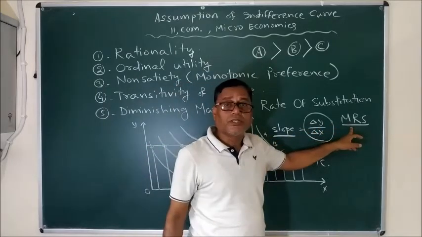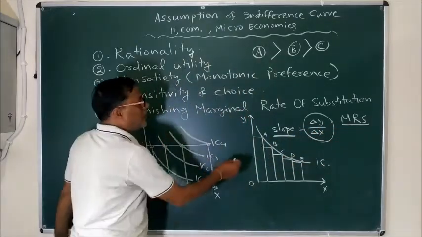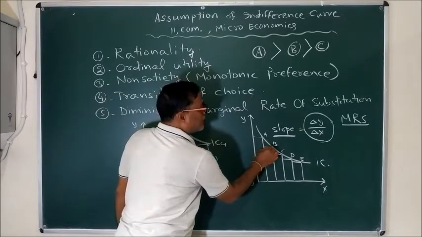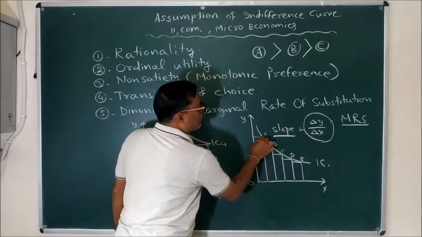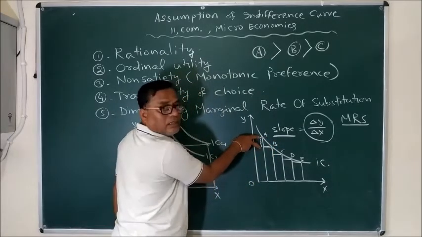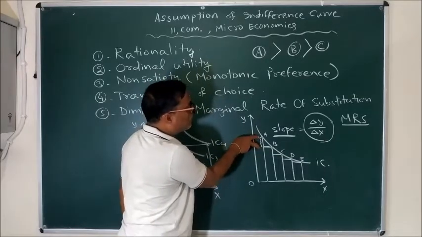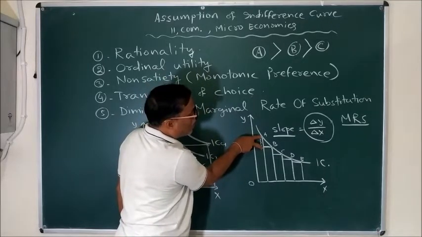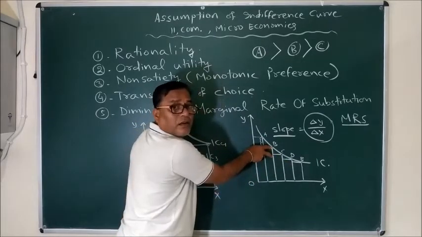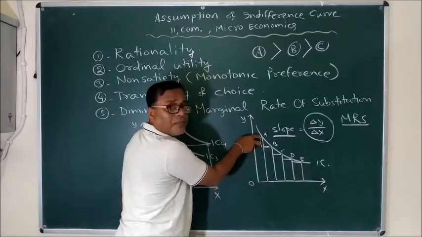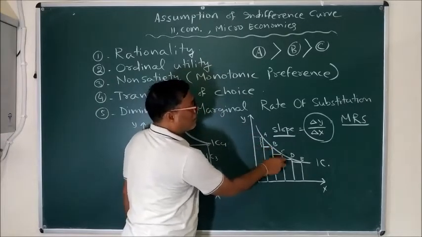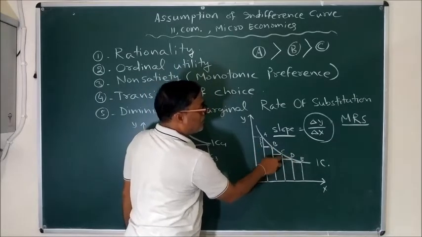It is also called marginal rate of substitution, and it is clear from the diagram that in order to increase 1 unit of X at the first point, the consumer is wishing to sacrifice this amount of Y, and for the next X he is wishing to sacrifice less than the first time, and in the third place it is again less than the second time, and in the fourth place it is less than the third time.